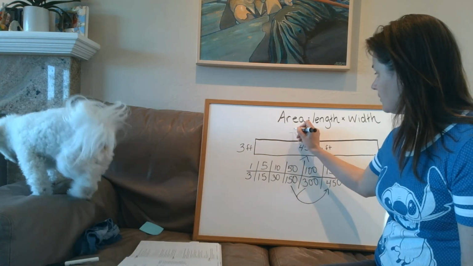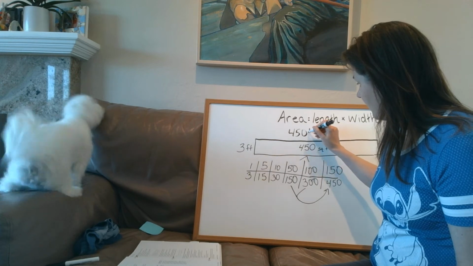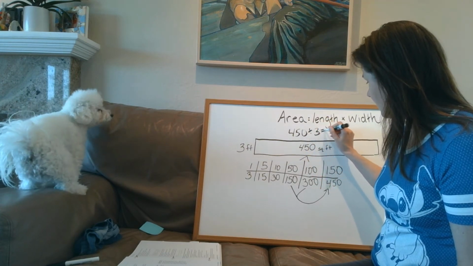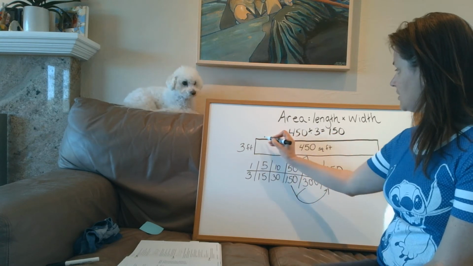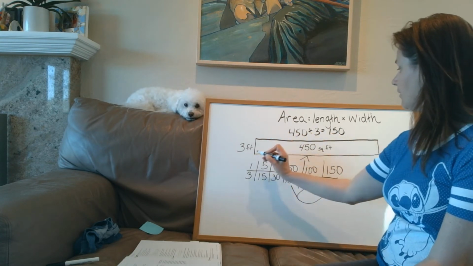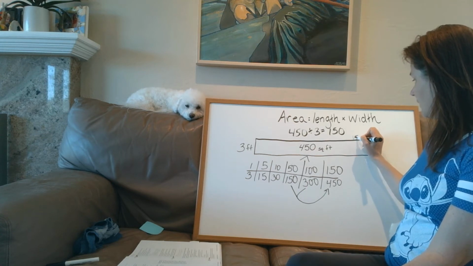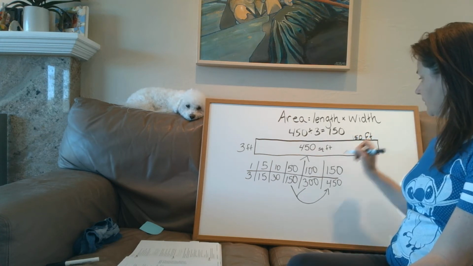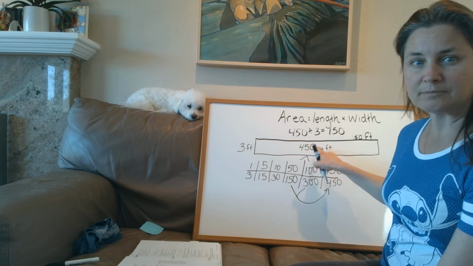So 450 divided by 3 equals 150, which means that this missing dimension of this top right here, or this bottom right here, is 150 feet. And because it's area, the area on the inside we call square feet.